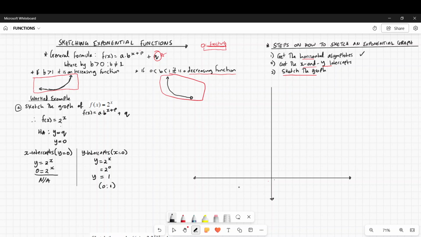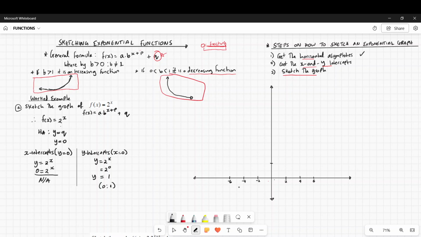For each block, I'll consider that to be 1. So now I'll consider this to be 2, 4, 6. So now this will be -2, this will be -4, and this will be -6.